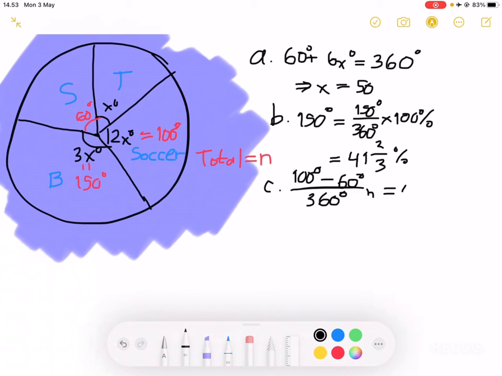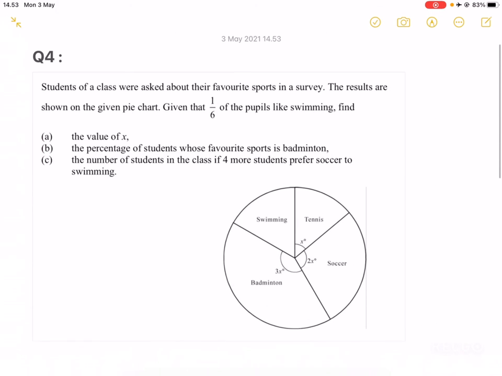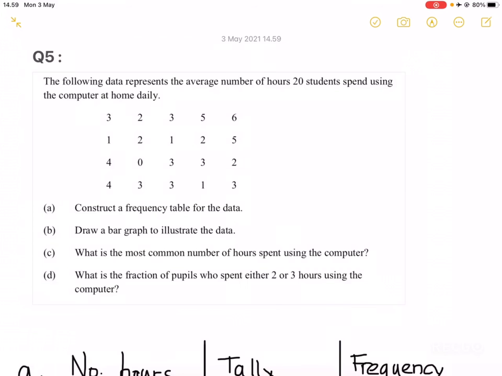We know that this is equal to 4 by the question, which leaves us with an answer of n equal to 36. So there are 36 students in the class. So that's been question 4. Let's jump into question 5, which will be the last question of this video.